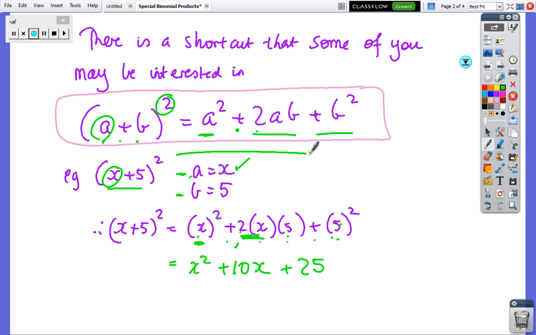So for instance, you could just write out x plus 5 and then another x plus 5 and use the same method that we did in the last video. But for some of you who may be interested in a shortcut, that's a shortcut, and we'll get some practice just so we know that it can work. So copy that down and then move to the next slide.